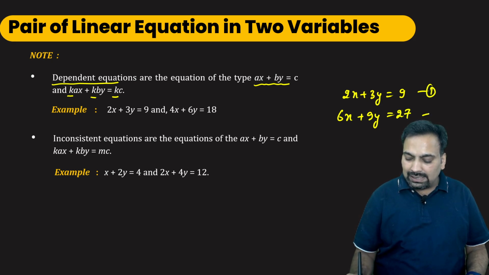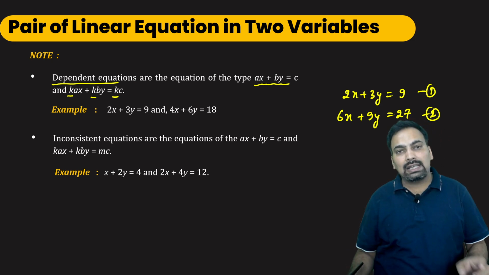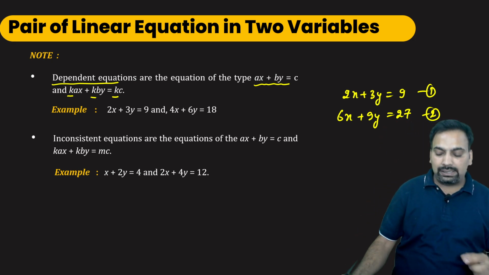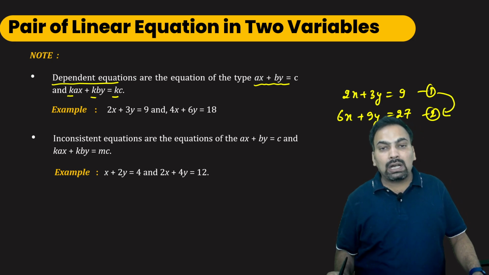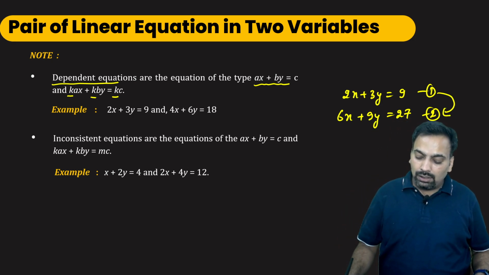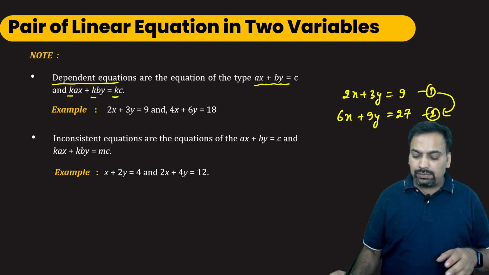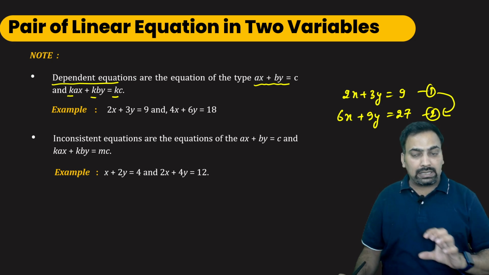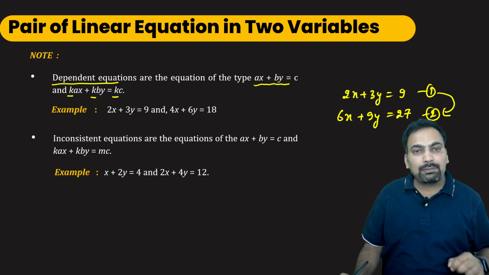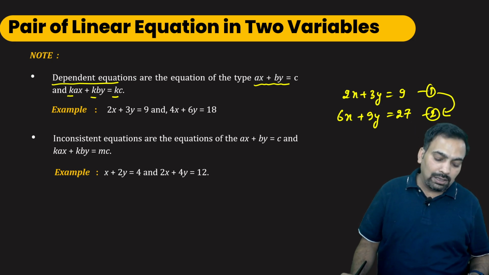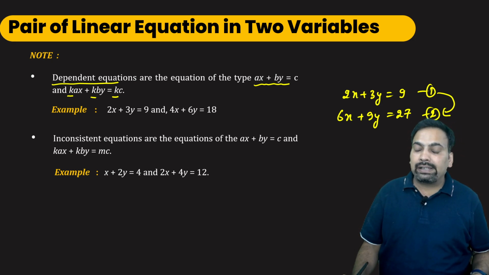So these are the two equations. These two equations are the same. This is multiplication with k. What is k here? 3. Multiplication with some constant, and then you make a second equation. That type of equations are called dependent equations.